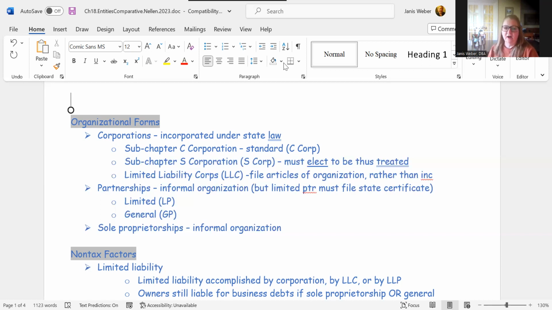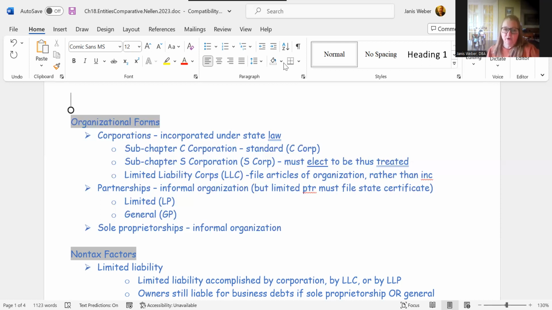You do file forms to create a limited liability company with the Secretary of State, or with some department of the state you're operating in, but it's not articles of incorporation. It's articles of organization. Some people think of those as corporations, but they aren't the classic corporation that we think of.